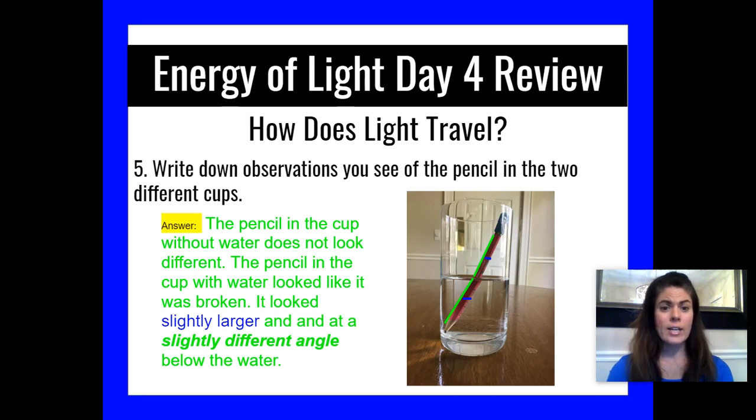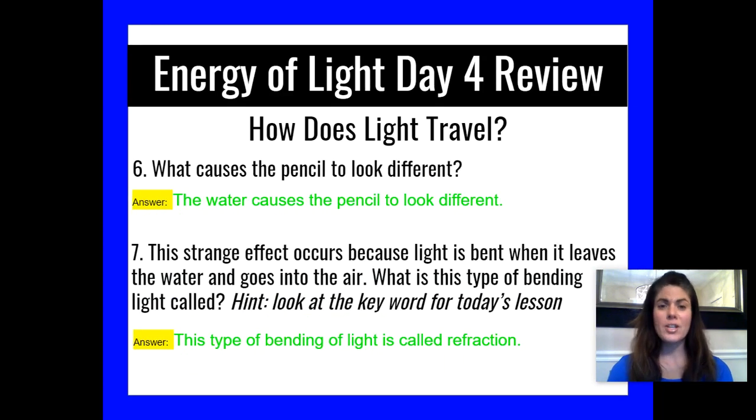I then added a line on the pencil to show what it looked like above the water and how the pencil appeared to bend at a different angle below the water. As you can see, the pencil does not look like a straight line as it does in the cup without water. The next question asks, what causes the pencil to look different?